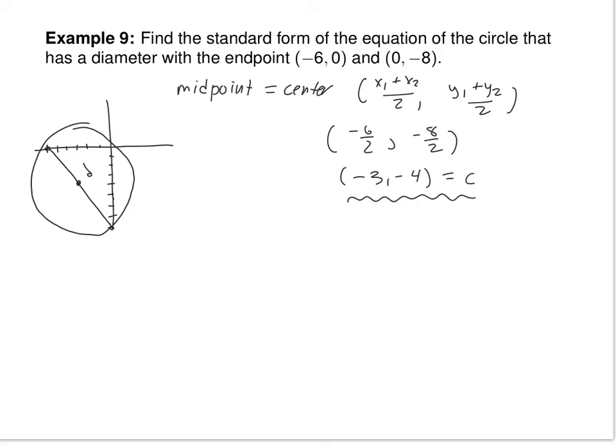When you said that the midpoint equals center, did you mean the radius or the center of the circle? No, I mean the midpoint of these 2 points is going to be the center, but the radius also comes from that. I think what you're thinking about is that half of the distance is going to be the radius. Is that what you were thinking?